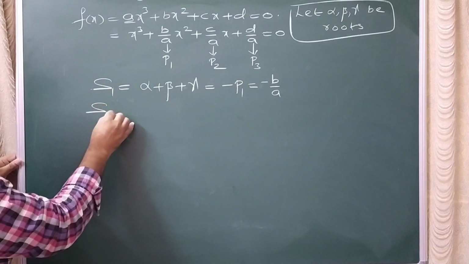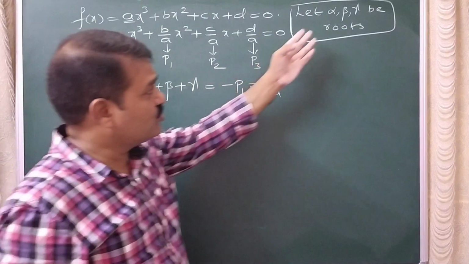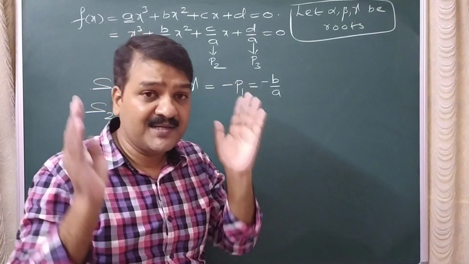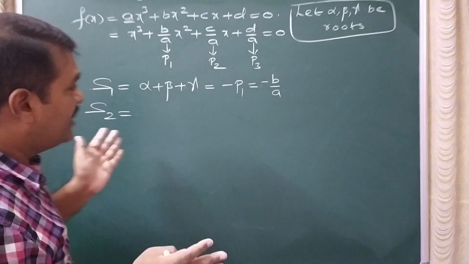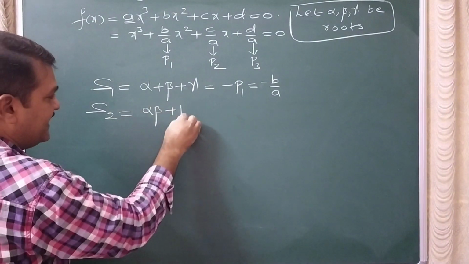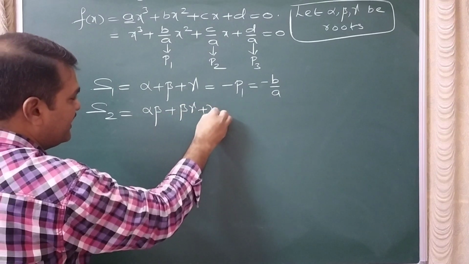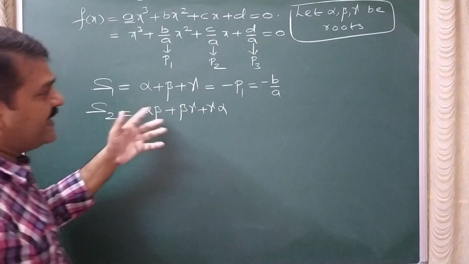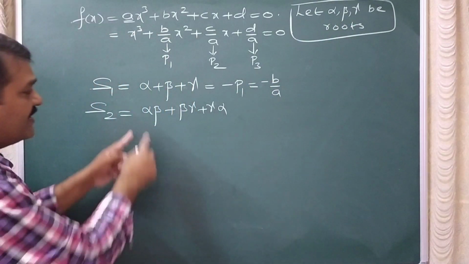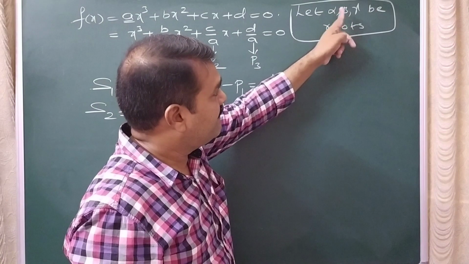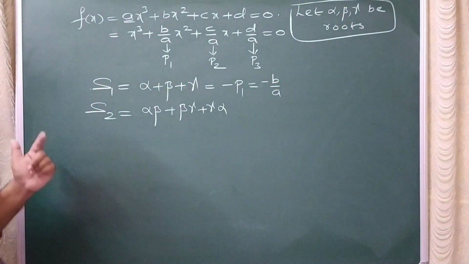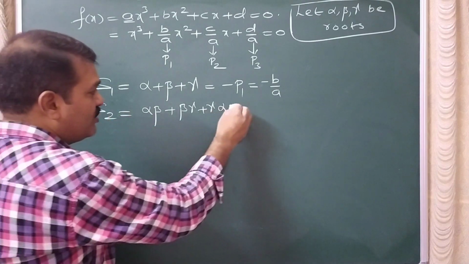So what is S2? These are the roots. S2 means the sum of the products of the roots taken 2 at a time. Taken 2 at a time means S2 will be alpha beta plus beta gamma plus gamma alpha. Simple, you write different combinations by taking 2 at a time. And what is the relation between roots and coefficients?